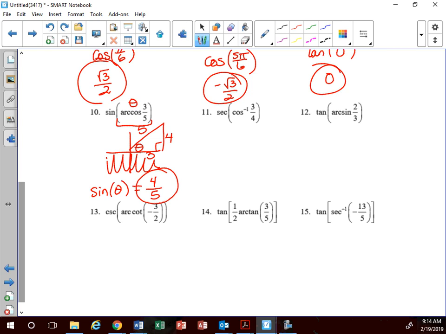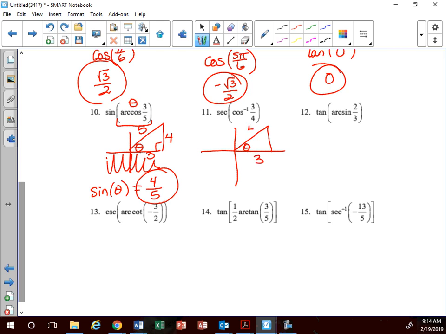No. Well, because the sides are different. Like, look at 12. Your numbers are 2 and 3. That's not a 3, 4, 5 triangle. And 11 is actually weird, because if we'll try to draw it just for practice, but you don't have to. Let's think about it. Are we okay with it would be in the first quadrant? Adjacent is 3.